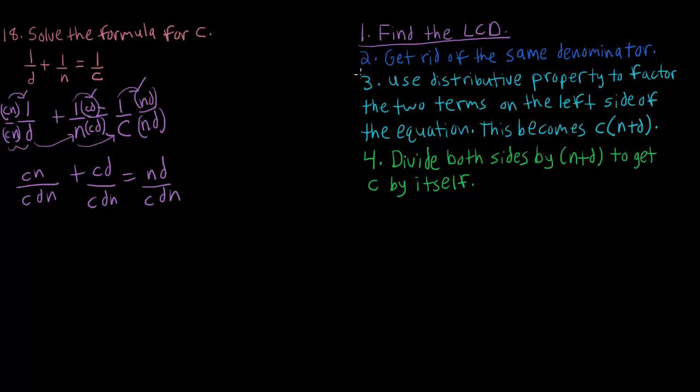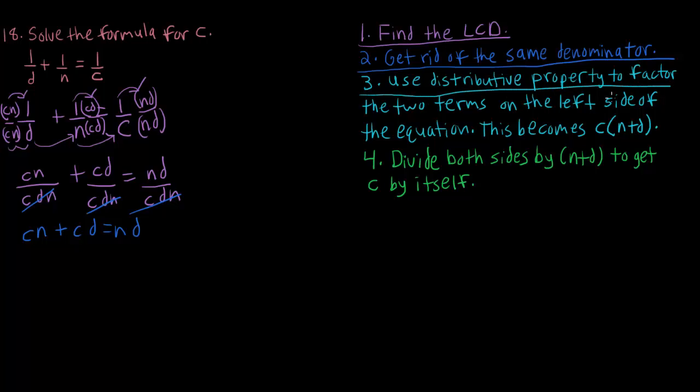Step 2 says to get rid of the same denominator. Because we found the LCD, CDN, CDN, CDN are all the same. So we can get rid of that, and that leaves us with CN plus CD equals ND. And then step 3, use the distributive property to factor the 2 terms on the left side of the equation, and this will become C times (N plus D).